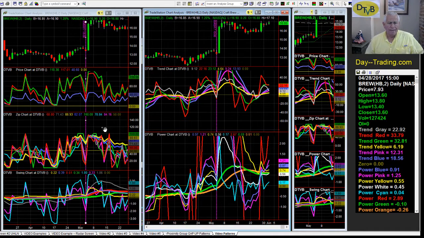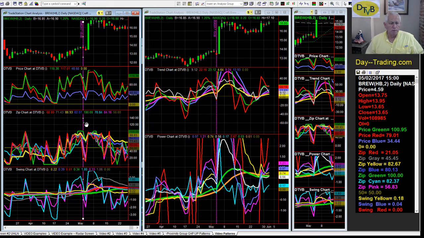And that particular situation is what we normally always see in a red spike. And keep in mind, all of these are reversal patterns. I'm going to move the vertical line over one just to show you. I did a previous video on red spikes in which the zip green was at 100 and zip red went down. This actually, 2 days before the gap up, qualifies for a red spike.